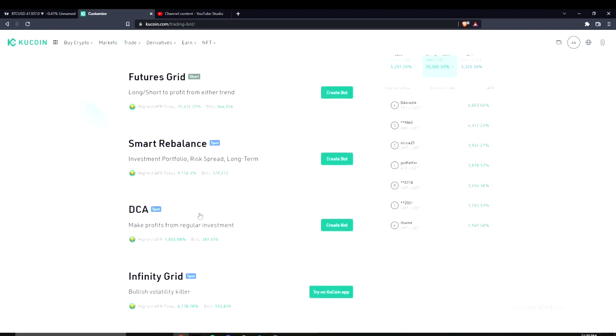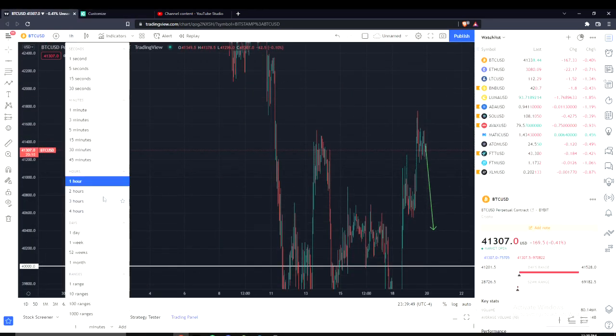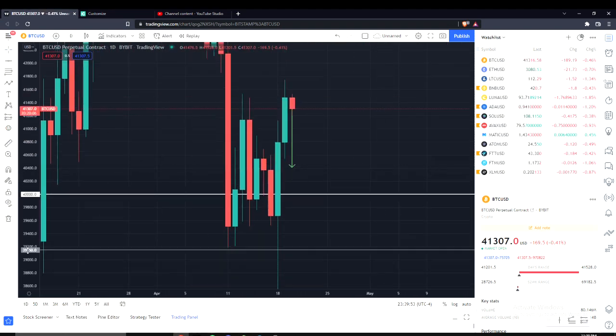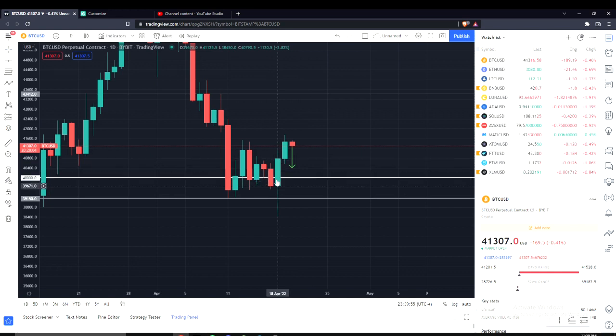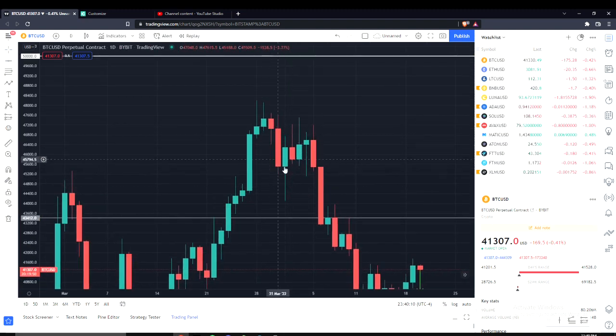Now let's go into dollar cost average. This one's pretty simple. Let's say once a day, at the open of each candle, it buys, or not even at the open, but just at a set time. But let's say, just for simplicity's sake, that it buys Bitcoin or any coin at the same time every day. So let's say you think this is the dip.